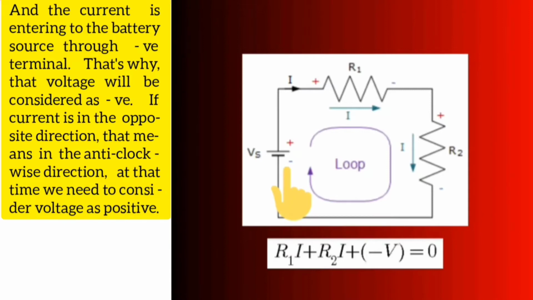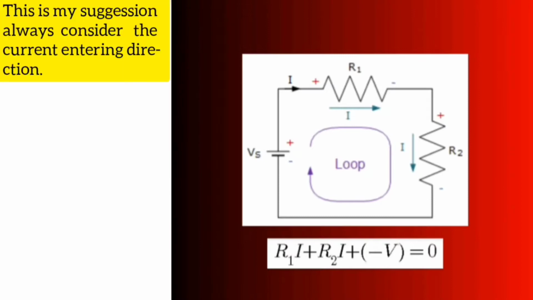That's why that voltage will be considered as negative. If the current is in the opposite direction, that means anti-clockwise, at that time we need to consider the voltage as positive. This is my suggestion: always consider the current entering direction.